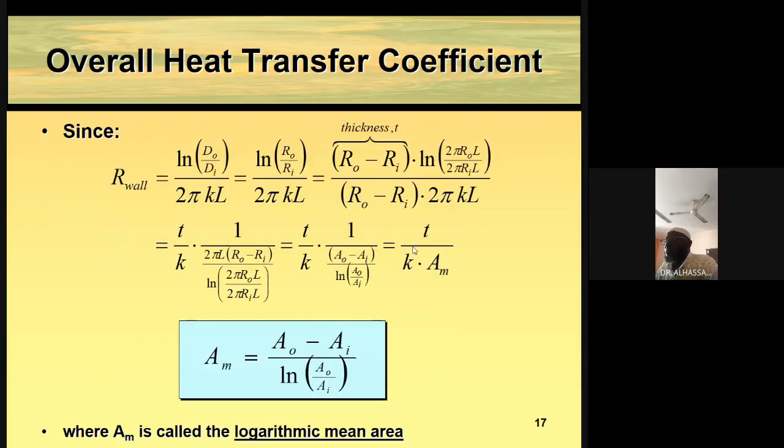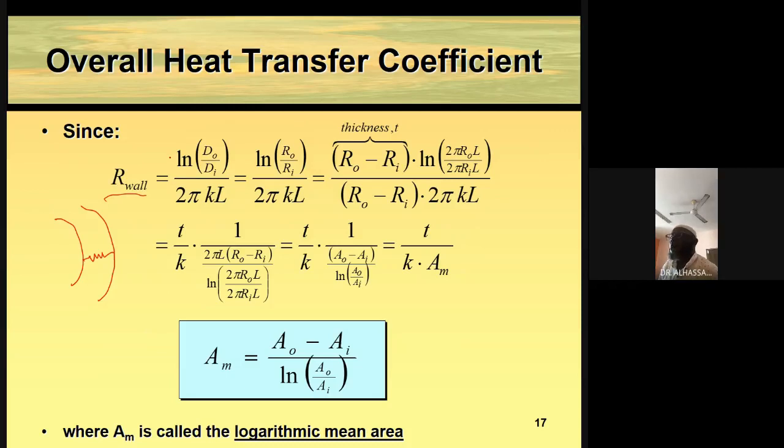Okay, similarly, now we're going to do some modification with this equation. So we know by definition that R wall, the thermal resistance for the wall, means I'm talking about the thickness of the cylinder. So the mode of heat transfer is conduction.